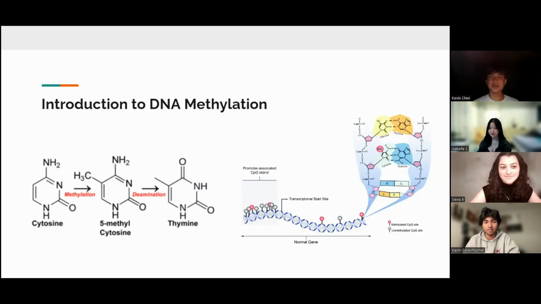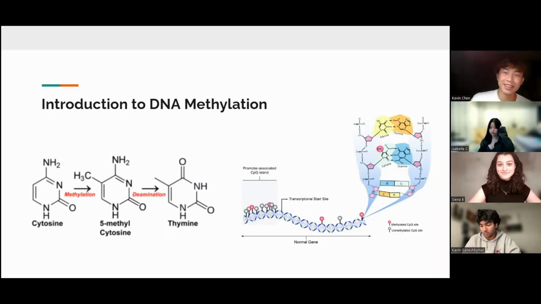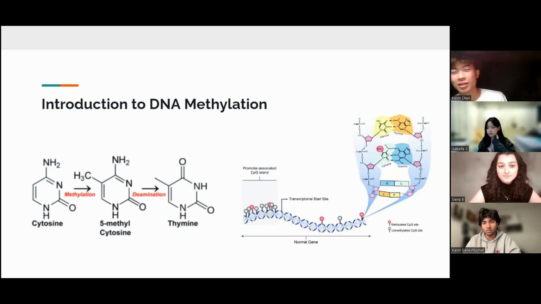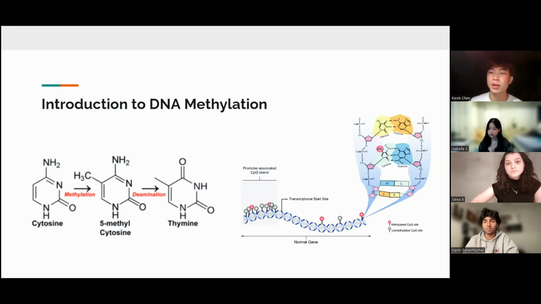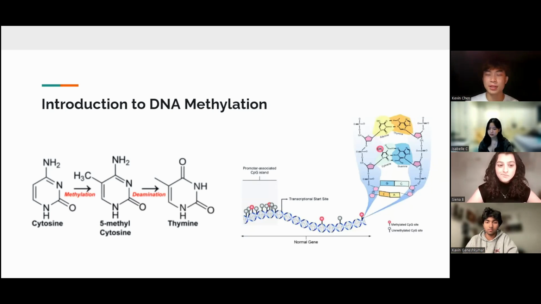All right, so what is DNA methylation? I think before we get into this, we should address what epigenetics is in general. Epigenetics is basically the link between genotype and phenotype moderated by the environment. Epigenetic changes include histone acetylation, microRNA interference, and of course DNA methylation.